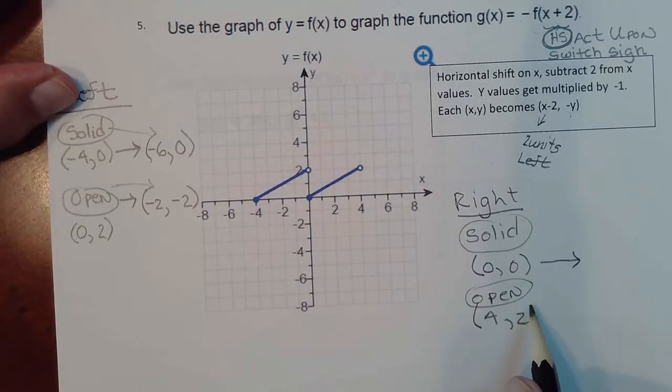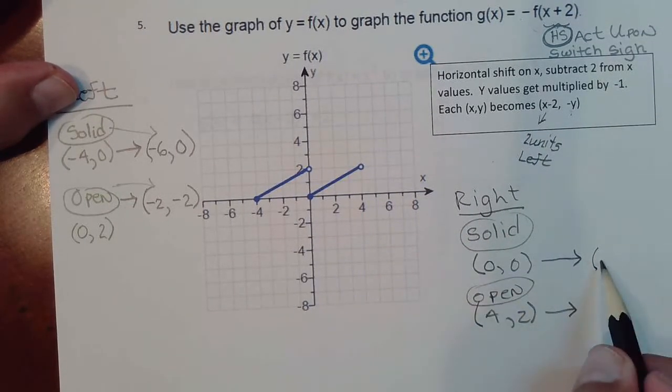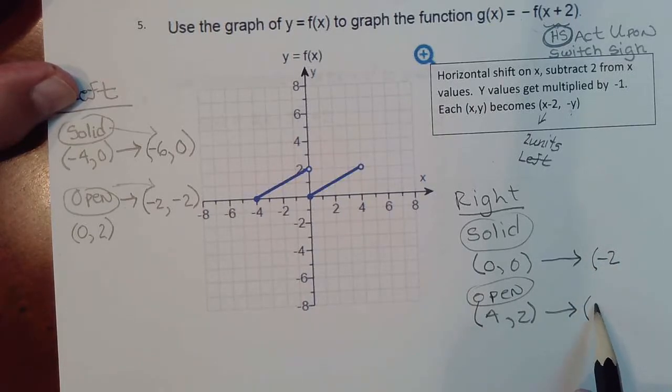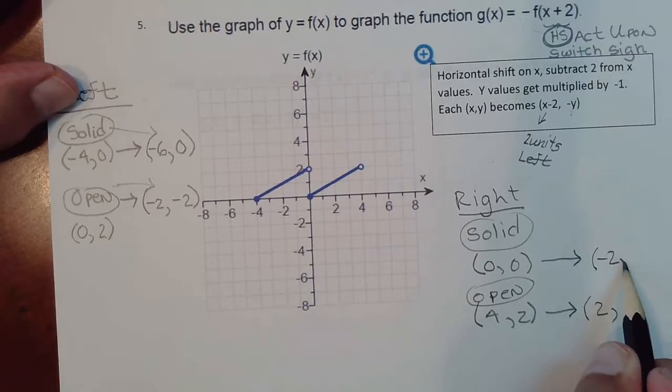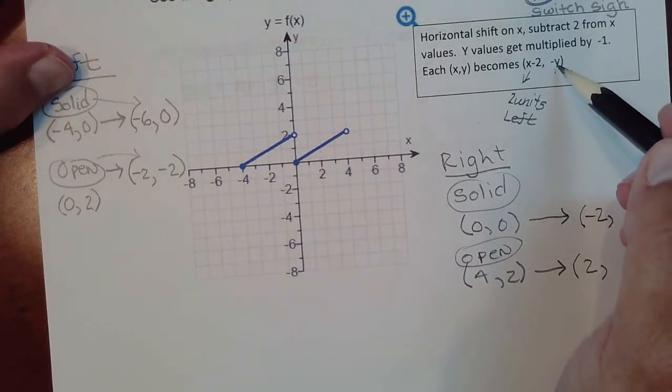Then performing the actions that you've been asked to do in this problem, subtracting 2 from your x value. So 0 take away 2, -2. 4 take away 2, just regular 2 or positive 2. And then multiplying the y values by -1.